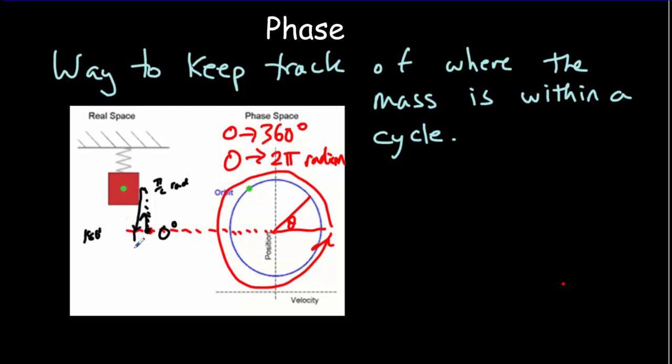And it would continue on, go through another quarter of a cycle, and then it would be at 270 degrees, or 3 pi over 2 radians. And then of course it would come back up, return to its original position, repeat the cycle, and you'd repeat the phase angles all over again. So it's just an angle that keeps track of where the mass is within its cycle.